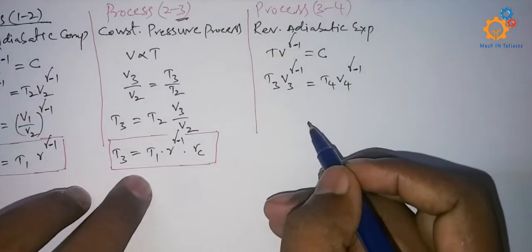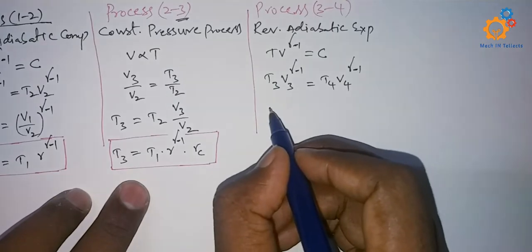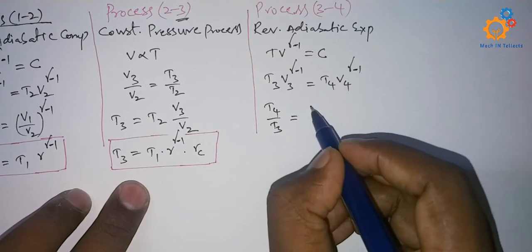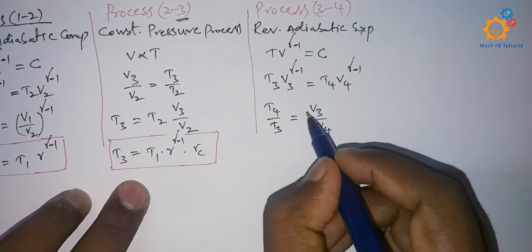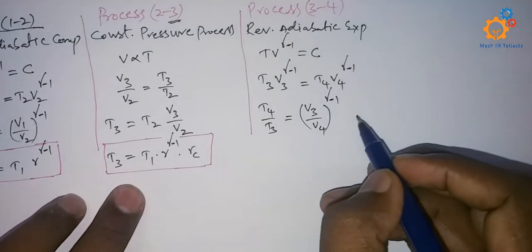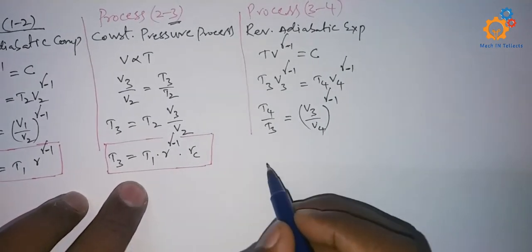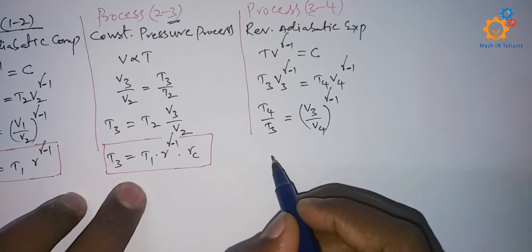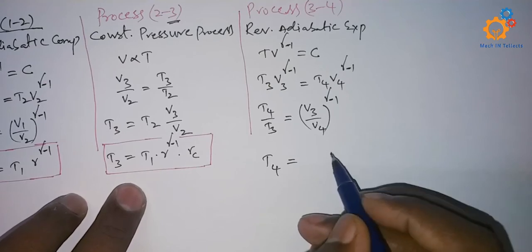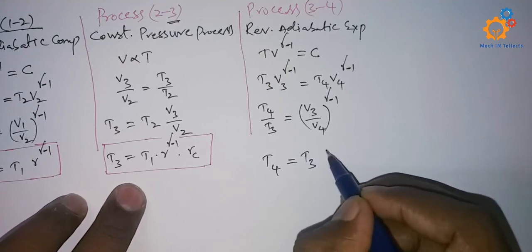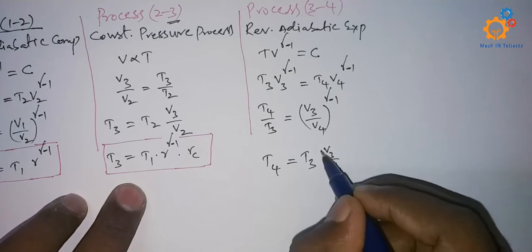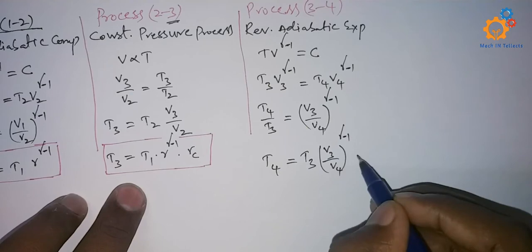So from this, T4 by T3 is equal to (V3 by V4) whole power gamma minus 1. Okay, and here you can write T4 is equal to T3 into (V3 by V4) whole power gamma minus 1.